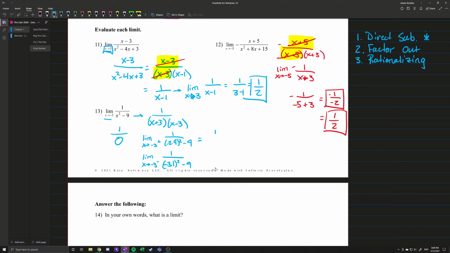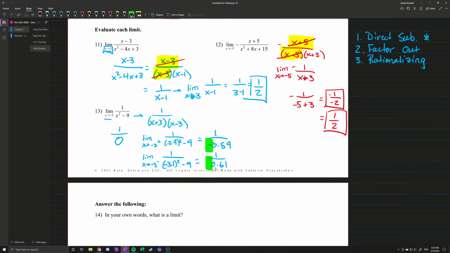we would get 1 over -0.59, and then we'd get 1 over positive 0.61. And what I want you to notice here is that our signs are different.